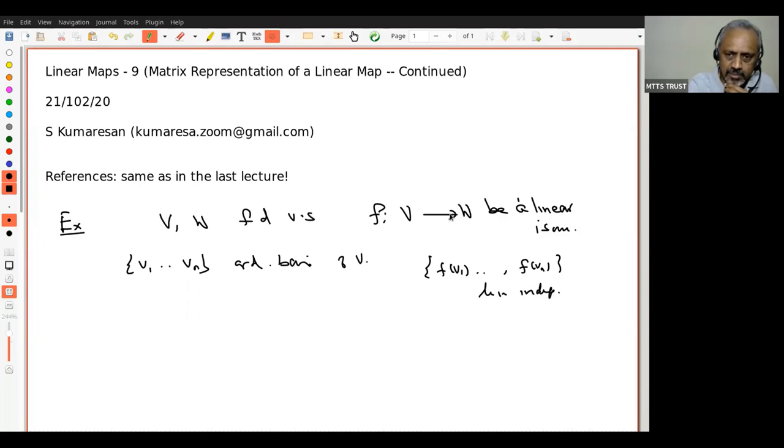And therefore, in W, I have n linearly independent vectors. That means this must be a basis for W. I'm just giving a quick proof for this, but we had already seen that if F is a linear isomorphism from V onto W, then F takes a basis of V to a basis of W. We had given a direct proof for that. And even that proof works in infinite dimensional cases.